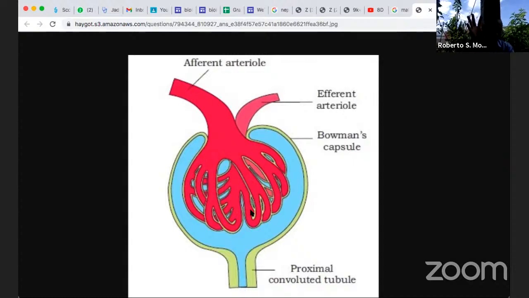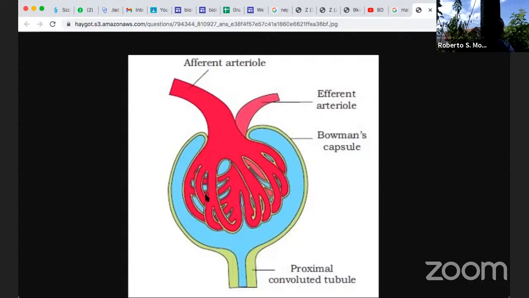Using the gloves, they will catch the ball, no matter how strong the force used to throw the ball. Here the ball resembles the waste products. And then the ball will be captured by the baseball gloves, which is the Bowman's capsule.